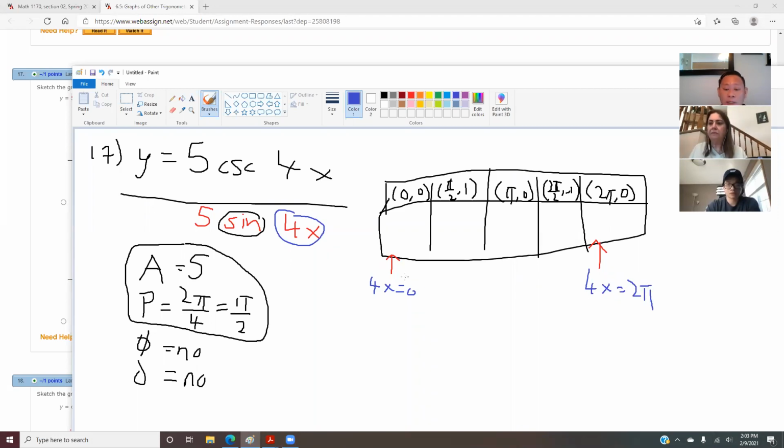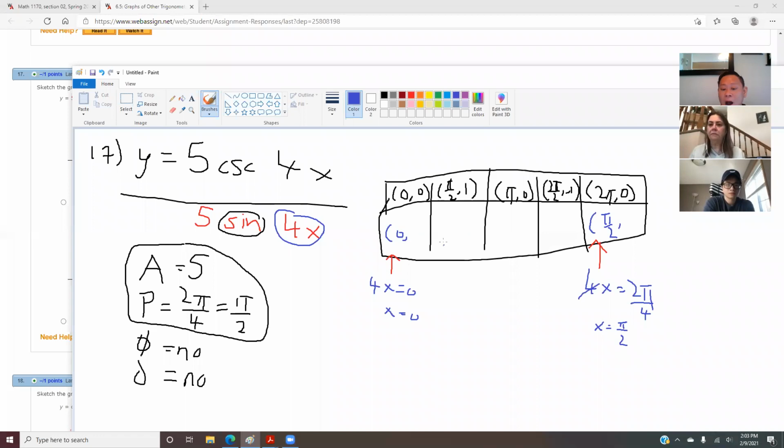Then you solve for x: you start at 0, and you divide by 4 to get pi over 2. So this graph starts at 0 and ends at pi over 2.